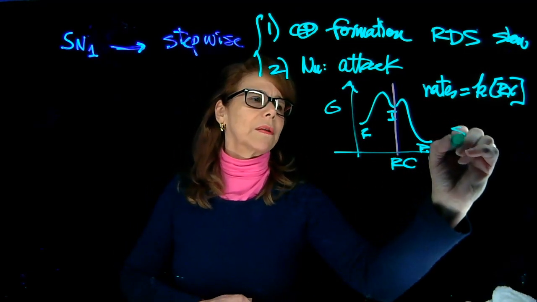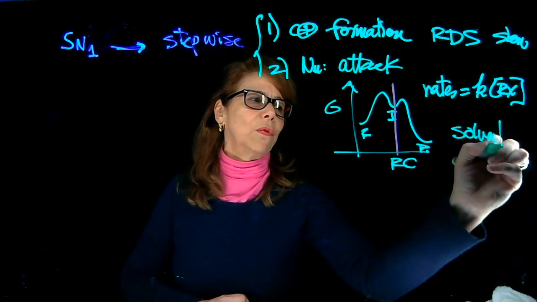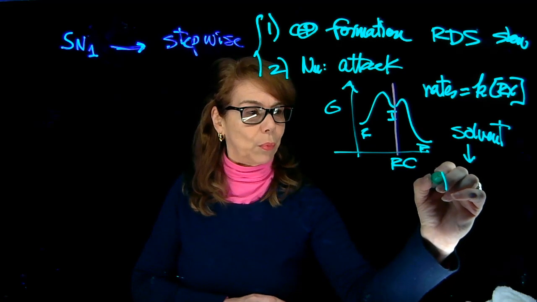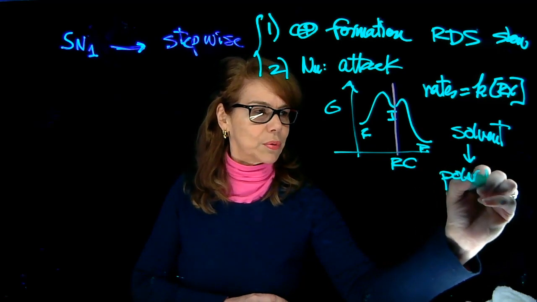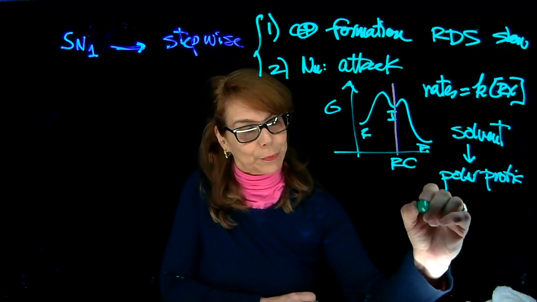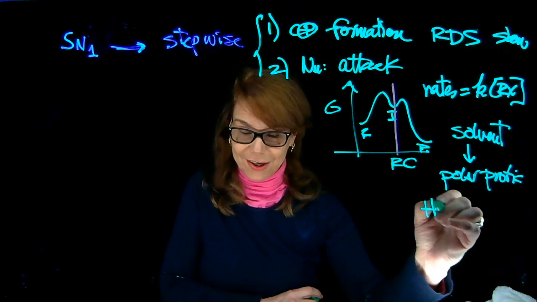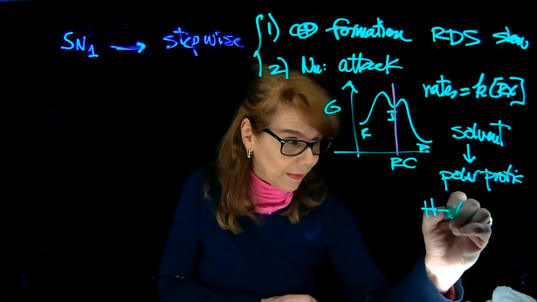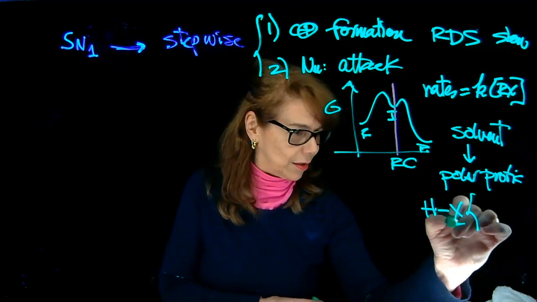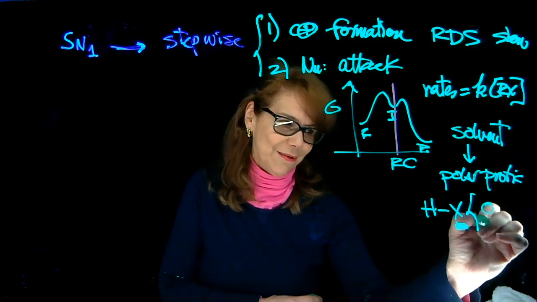And also another thing that is important is that for solvent, we are going to preferably have polar protic solvents. And here, we need to remember that polar protic means we have hydrogens attached to something that is very electronegative. Examples of that, these atoms can be oxygen or nitrogen.